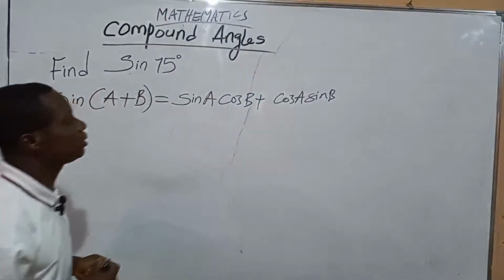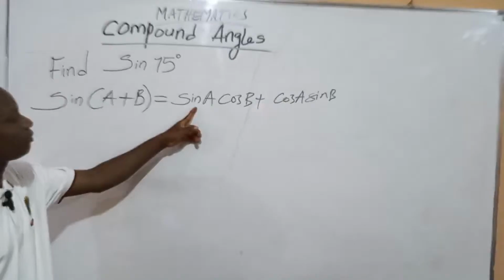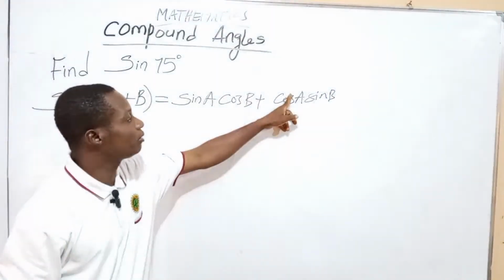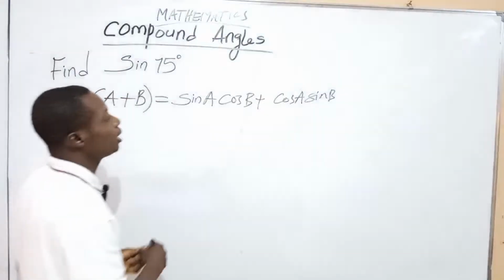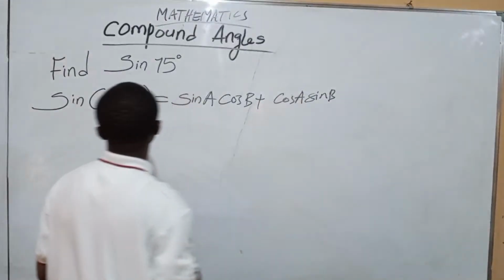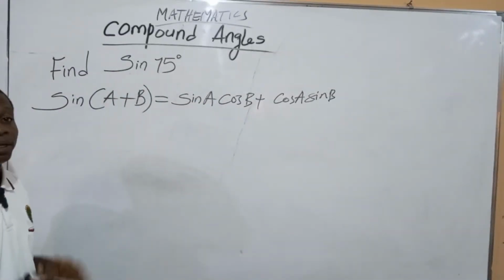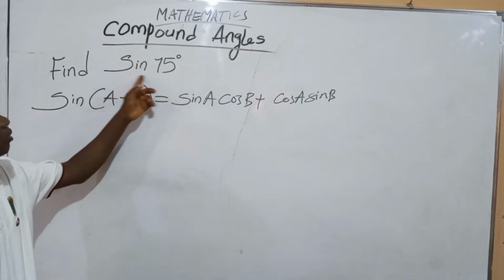I'm sure we are used to this formula. Here is sine of A, here is sine of B. Cosine of B, here is cosine of A. So how do we undo something like this? This is quite simple, right? This is what we are going to use to solve this particular question.